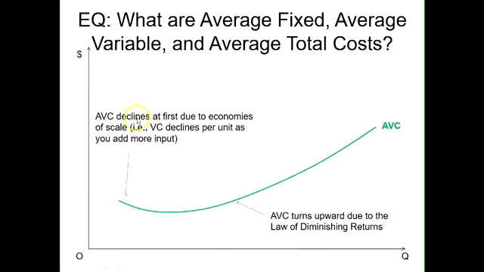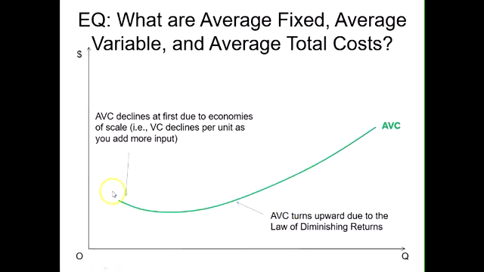So average variable cost declines at first because of economies of scale. But then eventually average variable cost hits a minimum point and then begins to increase. Average variable cost turns upward due to the law of diminishing returns, or the law of increasing opportunity cost.